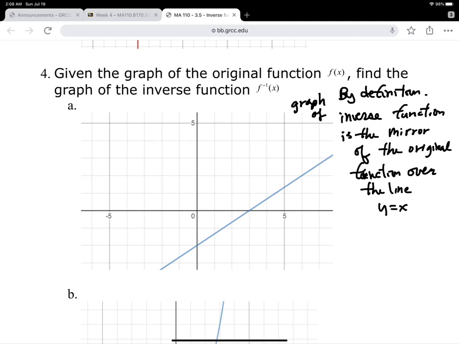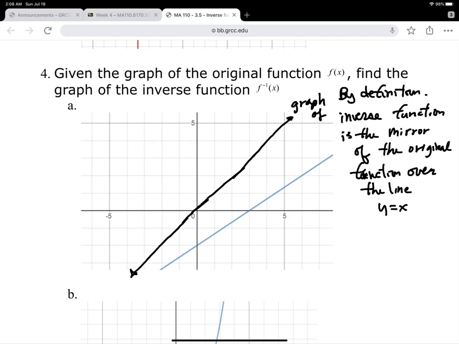Okay, so if I graph the line y equals x, which looks kind of like this, the mirror image of it is the inverse function.